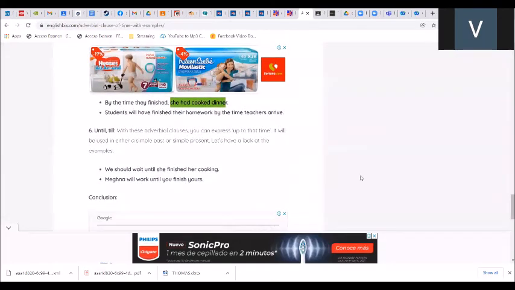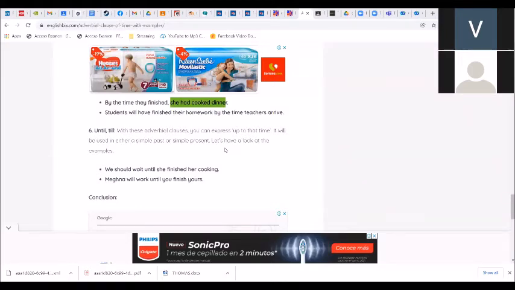Next one, number 6. Andrea, until or till? Until or till. With these adverbial clauses, you can express up to that time. It will be used in either a simple past or simple present. Let's have a look at the examples.